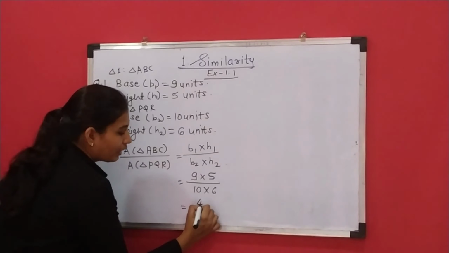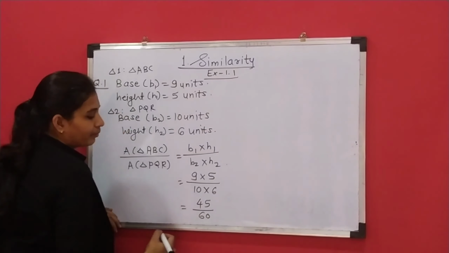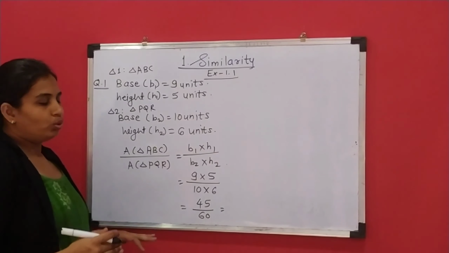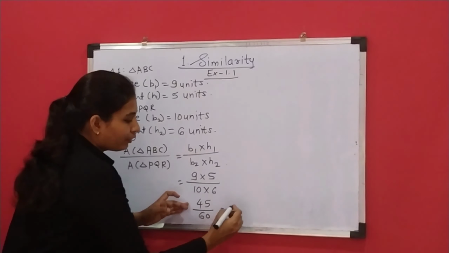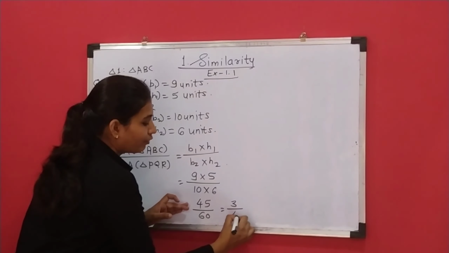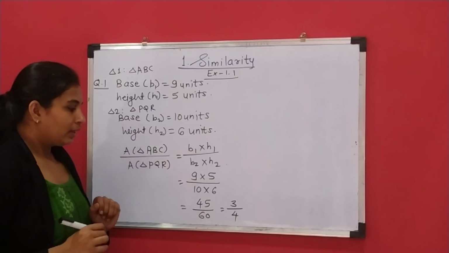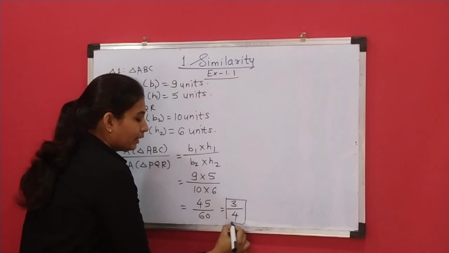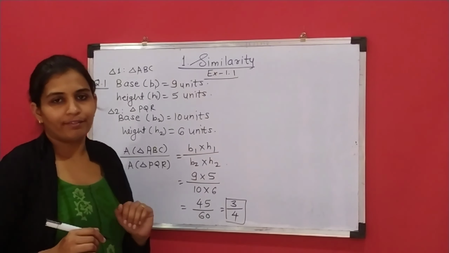9 5s are 45, 10 6s are 60, and we are able to simplify. 15 3s are 45, 15 4s are 60. Now we cannot divide it further, so this will be our final answer.